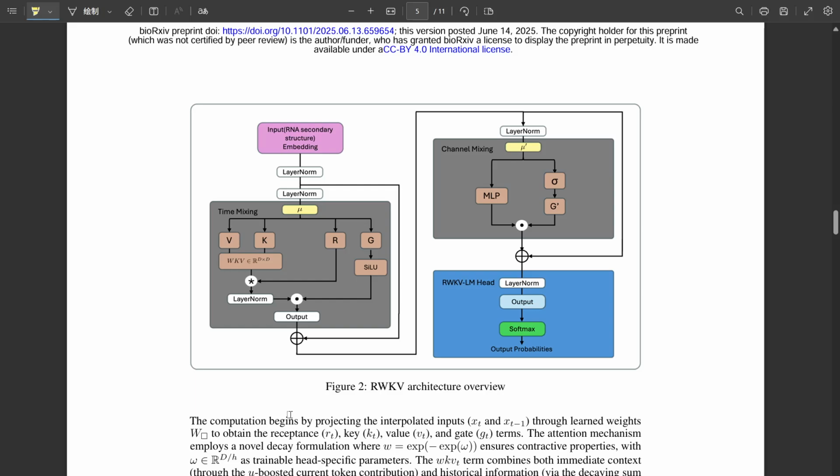Yes, raw generation isn't enough. You need control. RWKV-IF implements a sophisticated 3-pillar decoding strategy. First, there's top K sampling. Okay. Instead of just greedily picking the single most probable base, A, U, G, or C at each step, it smartly restricts sampling to only the K most probable options, say, the top 5, and then picks randomly from those 5.